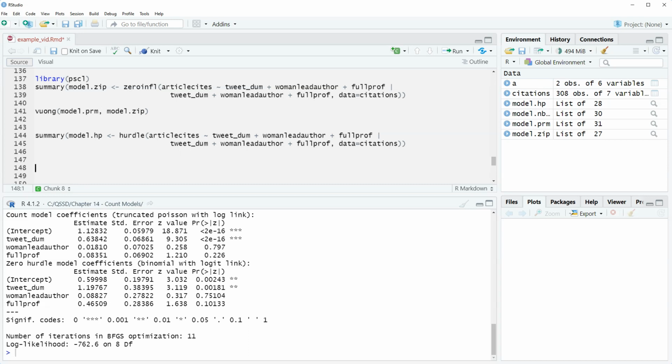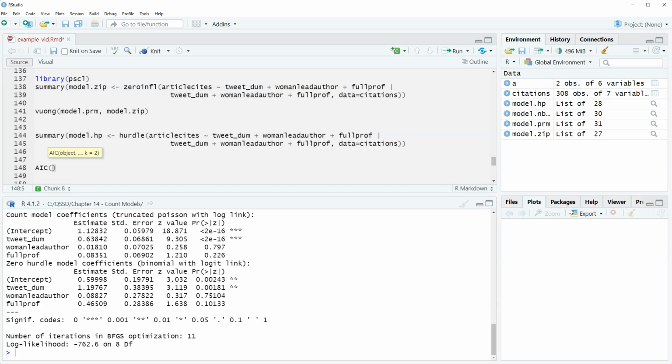One way that we can compare models that are very different from one another, since we can't use standard statistical tests like likelihood ratio tests, is to compare AIC, BIC values. So let's look at the AIC. Let's look at all of these together.